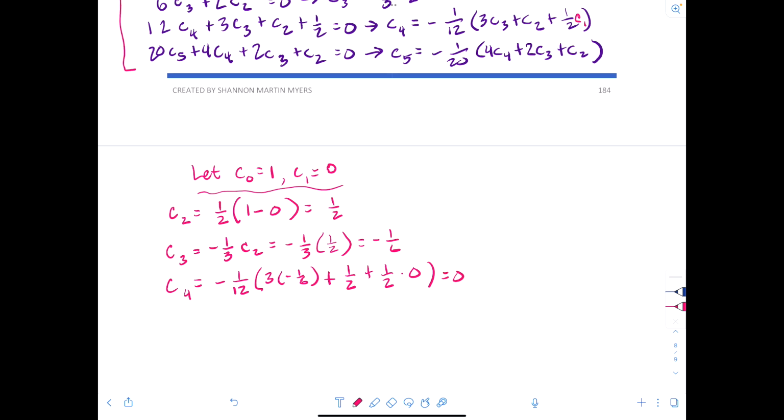And then let's look at C5. This is going to be negative 1/20. We'll have 4C4, but C4 was 0, plus 2C3. C3 was negative 1/6. And then plus C2, which is 1/2.